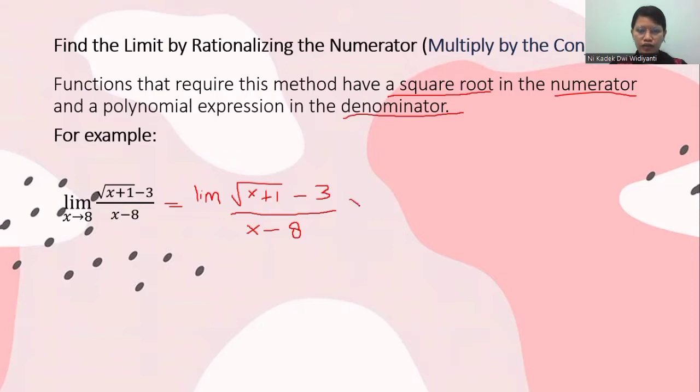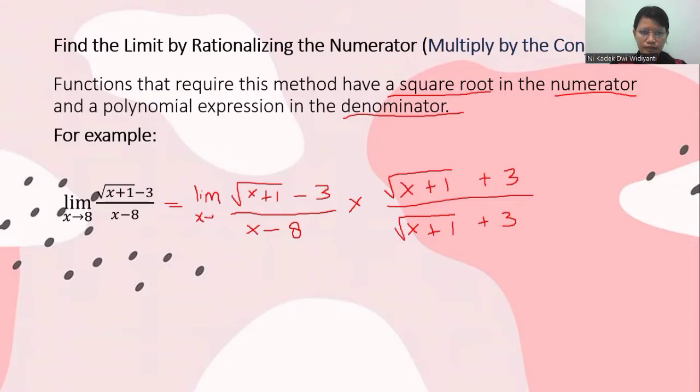So we multiply by square root of x plus 1 plus 3, divided by square root of x plus 1 plus 3, as x approaches 8. Okay, we use equals to. We should multiply this function.